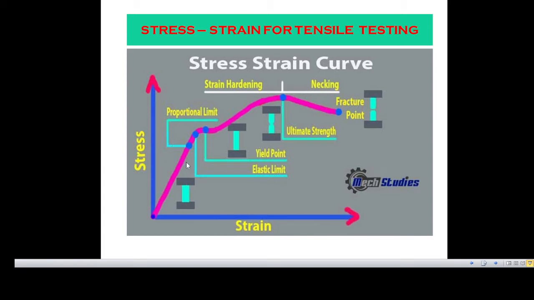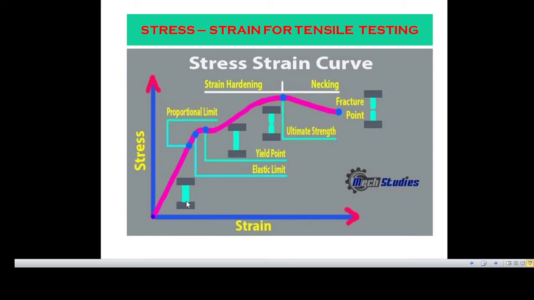Now here, initially up to the elastic limit the curve is straight according to Hooke's law, but practically up to the proportional limit the curve is perfectly straight, and up to the elastic limit there will be no permanent deformation inside the material. That means if we remove the force, then the material will regain its original shape and size.